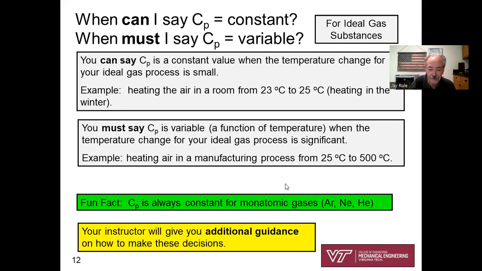Now, here's a fun fact that I've got in green. For monatomic gases, and those are argon, neon, and helium, CP and therefore CV are always constant numbers. You can look them up. Now, what's the downside? How many engineering problems do we have when we're dealing with argon, neon, and helium? The answer is not very many. Maybe if you're in the balloon business, you're working with helium.